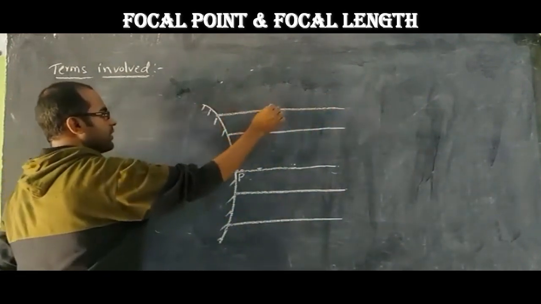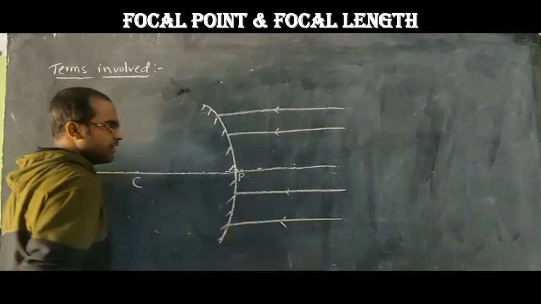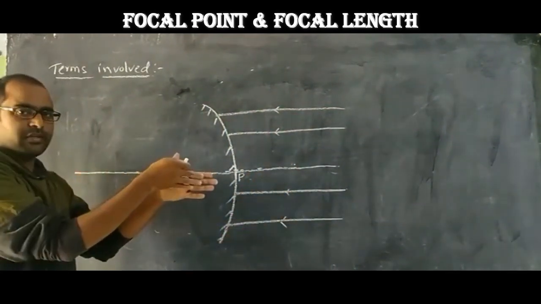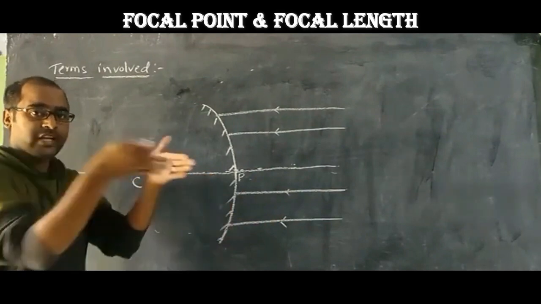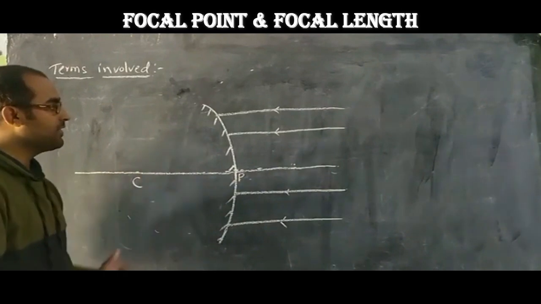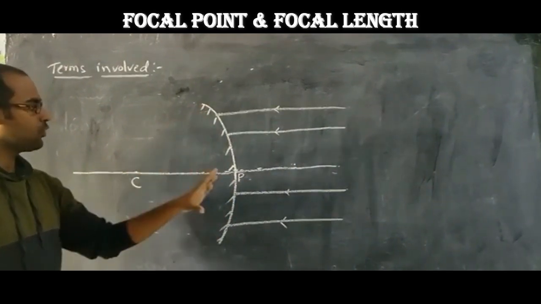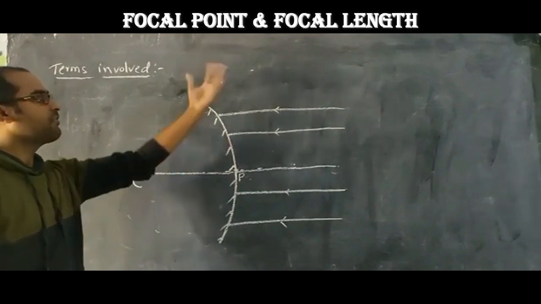These are all the incident rays. In the previous case, in a concave mirror, they converged to a point, and we call that point the focal point. But in this case they do not converge. These parallel rays do not converge to a point. They diverge from the mirror.